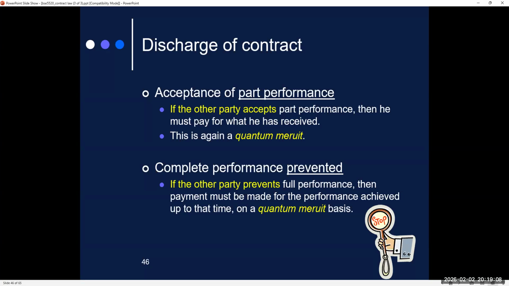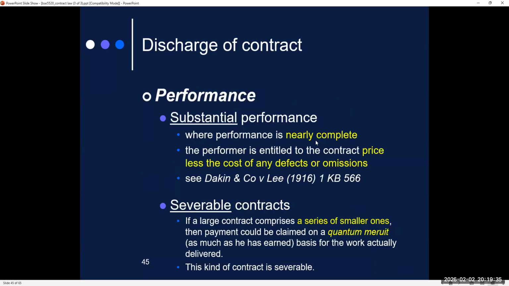If not all the parts of the contract have been completed, but some parts have been completed, and the other party agrees that, although not all parts have been completed, I agree to accept, say, 3 parts, 5 parts, 4 parts of the contract completed, then that could also bring the contract to an end. And the payment again is quantum meruit, as much as he has earned.